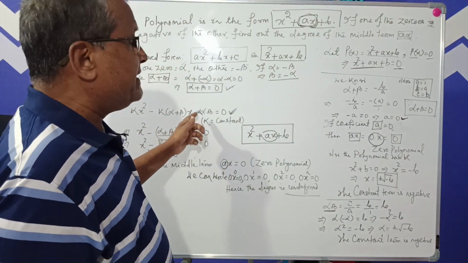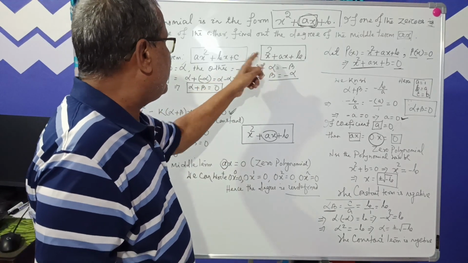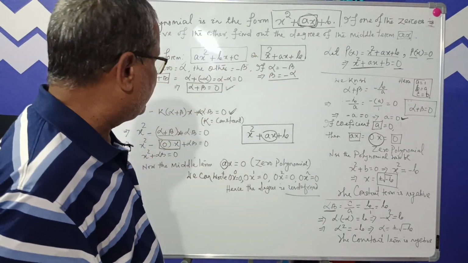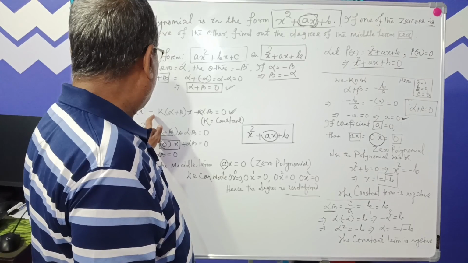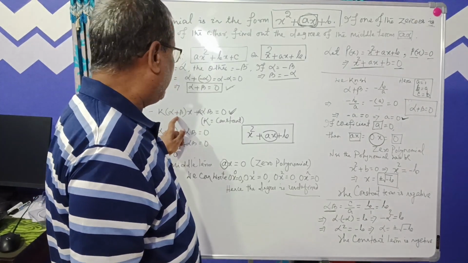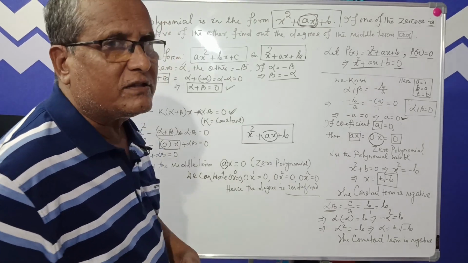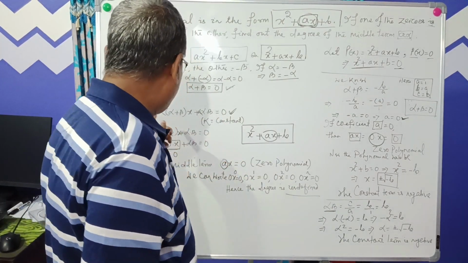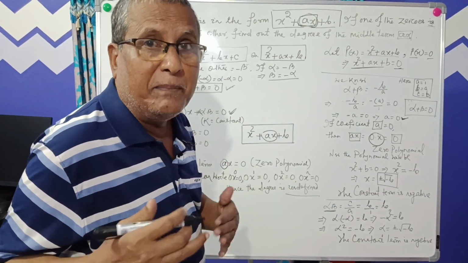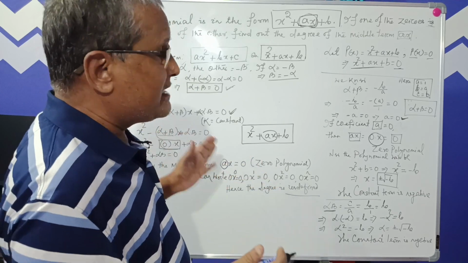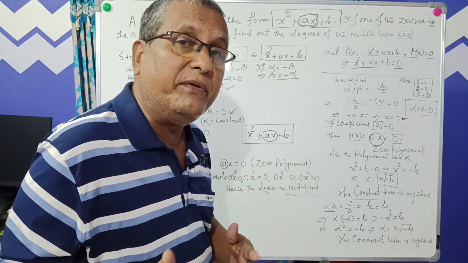This formula has been derived from the standard form, that k x square minus k into alpha plus beta into x plus k into alpha beta is equal to 0, where the value of k can be anything.